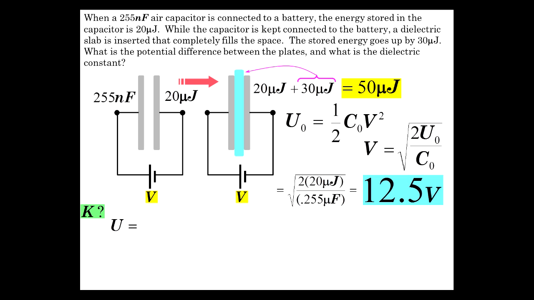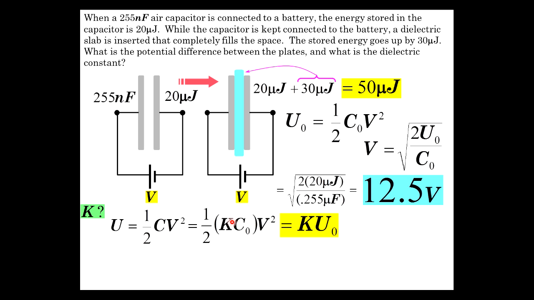Well, the energy that is now contained in the capacitor is 1/2 CV squared. But the only thing that has changed is the C. The C has gone up by the dielectric constant K since V is the same. So it's 1/2 K C0 V squared. So that's K times U0.